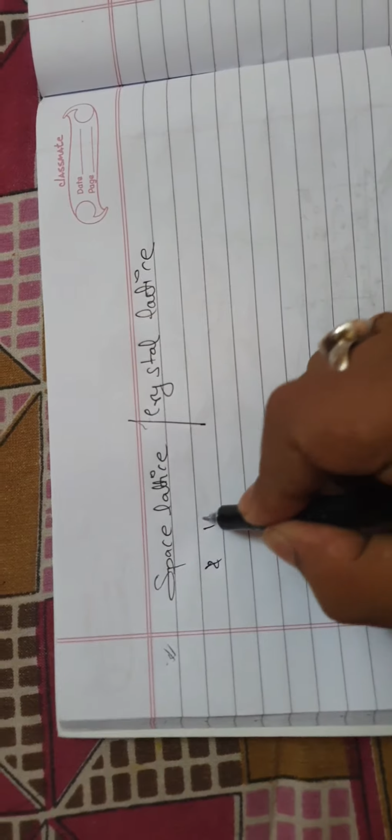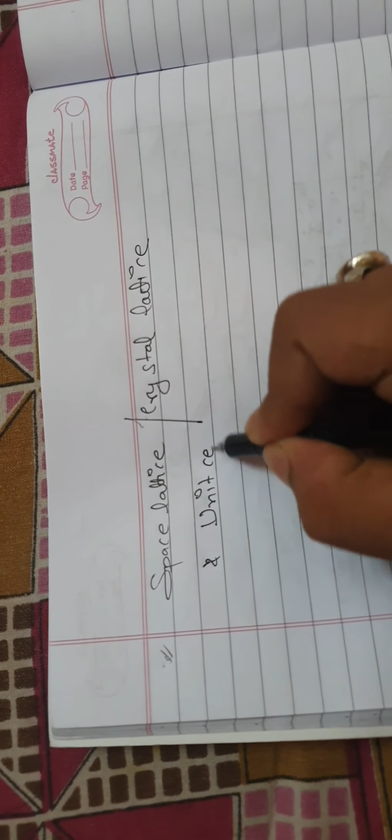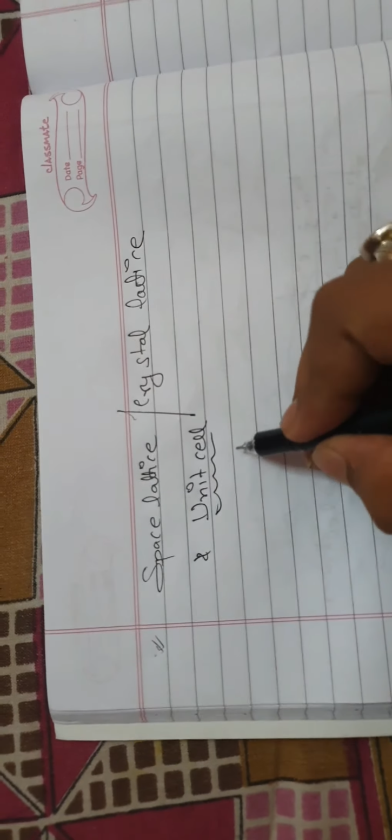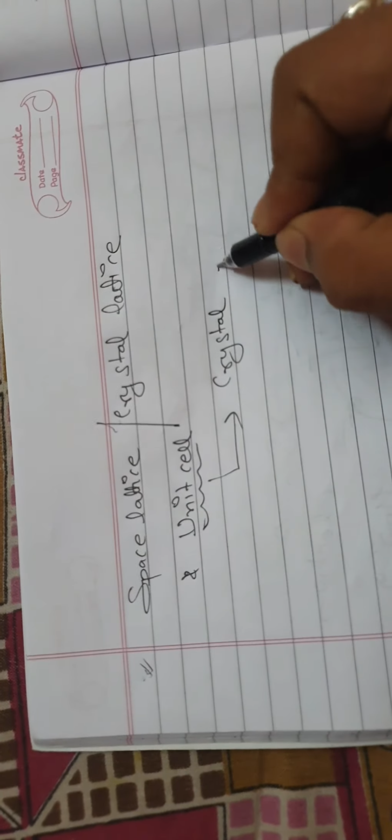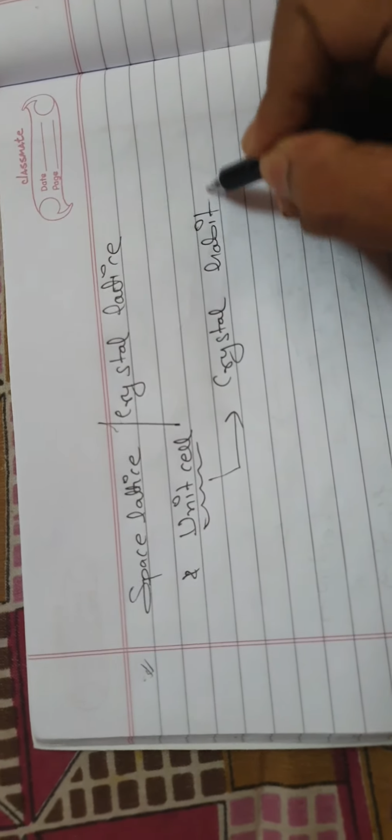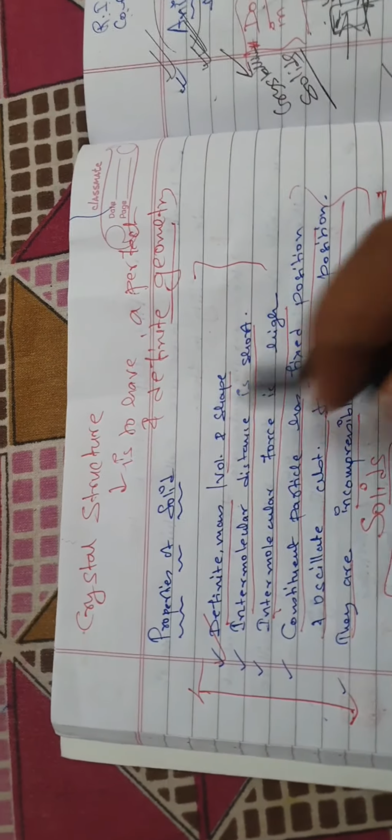Unit cell's other name is crystal habit.